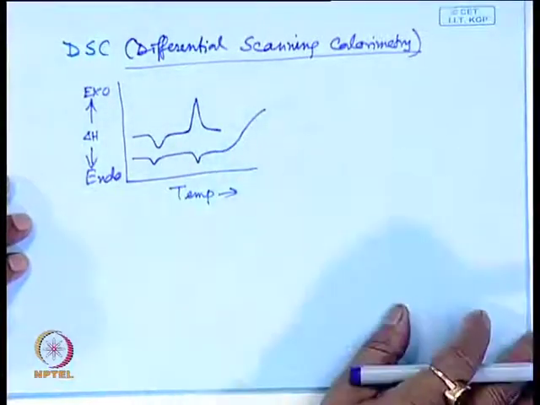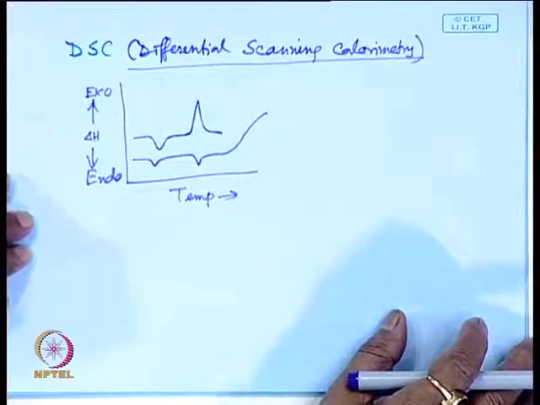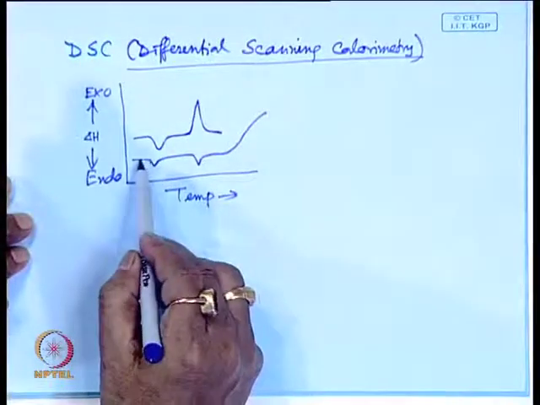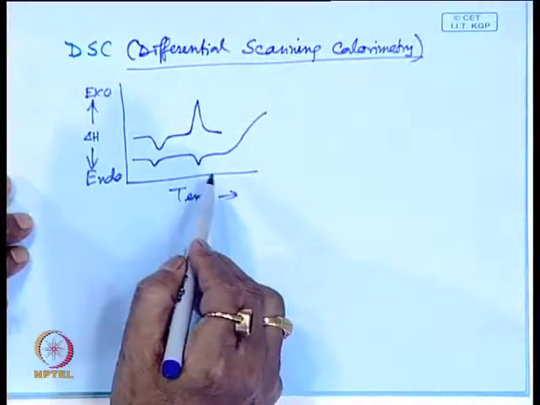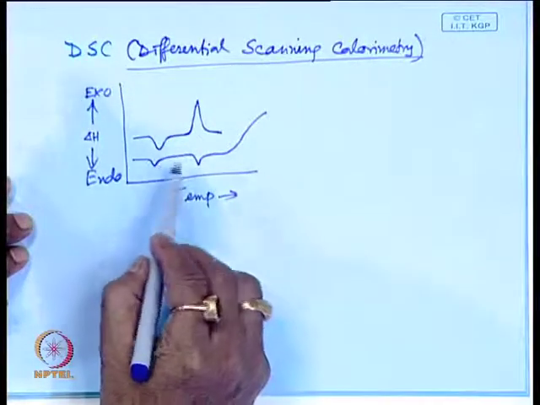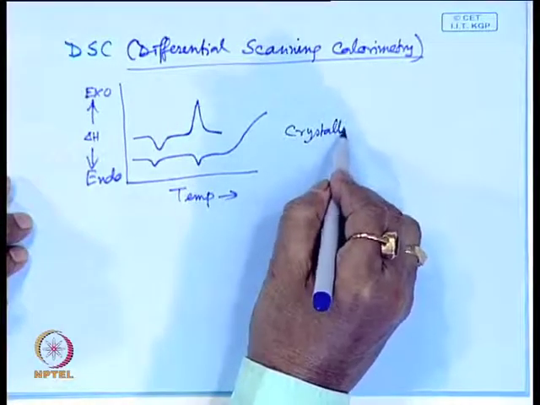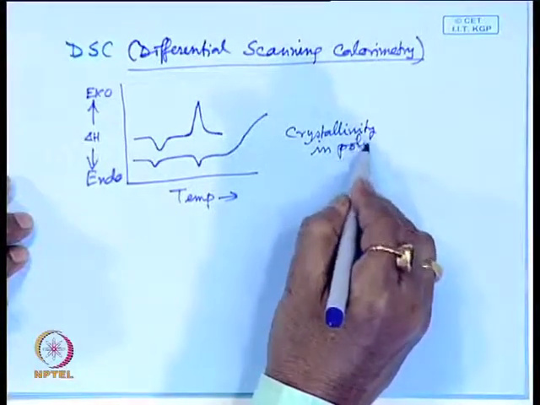So, whenever you will be reading the characterization of materials, there you will know the detailed principle of differential scanning calorimetric analysis. There you can know the detail, but this can help knowing the glass transition, knowing the melting transition temperatures, as well as the crystallinity in polymer sample.